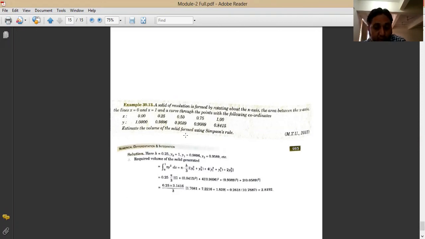So Simpson's 1/3 rule. Why will we use the 1/3 rule? Because we have 5 values here. If you have 5 values, the intervals are 4, a multiple of 2. That means Simpson's 1/3 rule we have to use. That is why Simpson's 1/3 rule is used here. And you put the values in the function and you will get the answer by using the calculator.